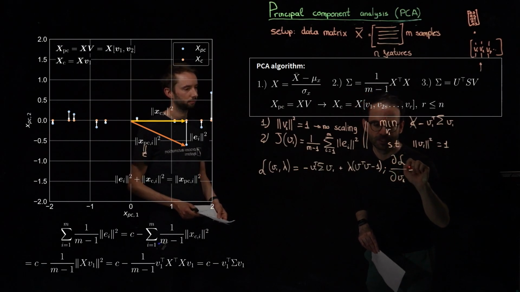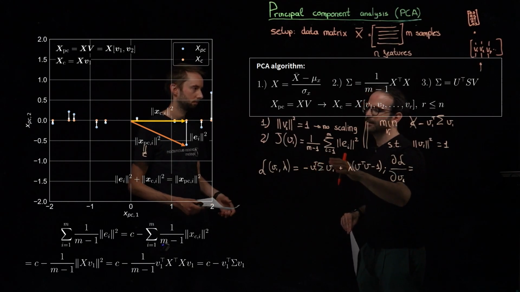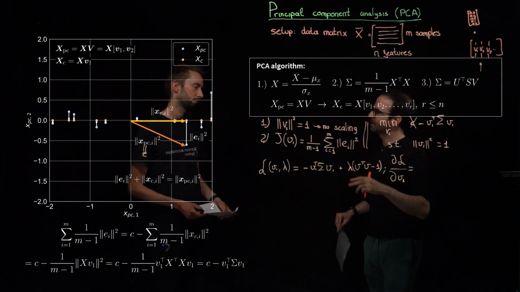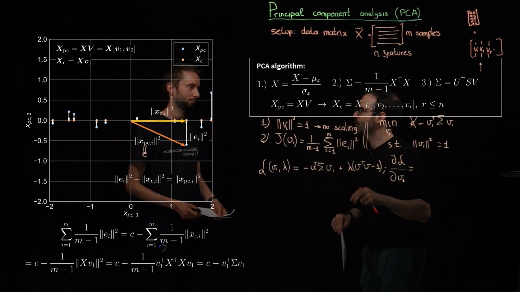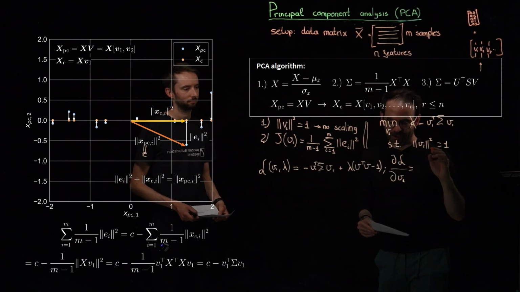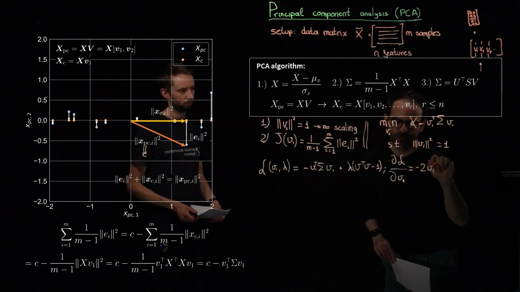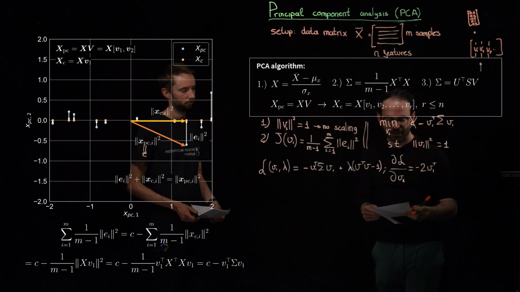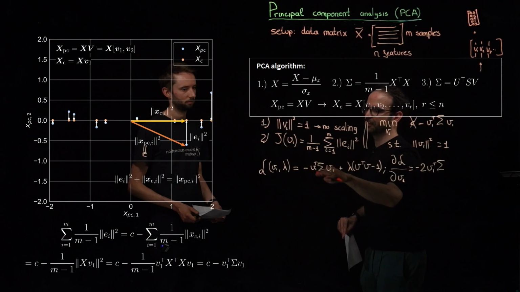You can do the derivative of this part. It's a derivative with vectors and matrices, so maybe it's not so easy, but this is like a V1 square, so it could be -2 V1 transpose, multiplied with sigma. That would be the derivative of this first part.